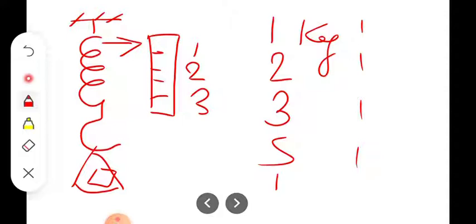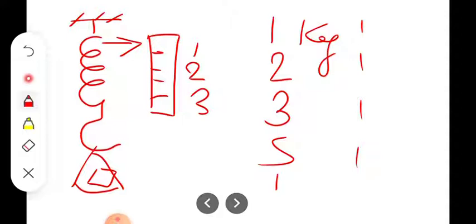That point will be an indication of the unknown weight. The pointer will intersect the marking on the scale between 2 and 3, or exactly at 2 or 3, or between 3 and 4. Likewise, that will be the measure of the unknown weight.